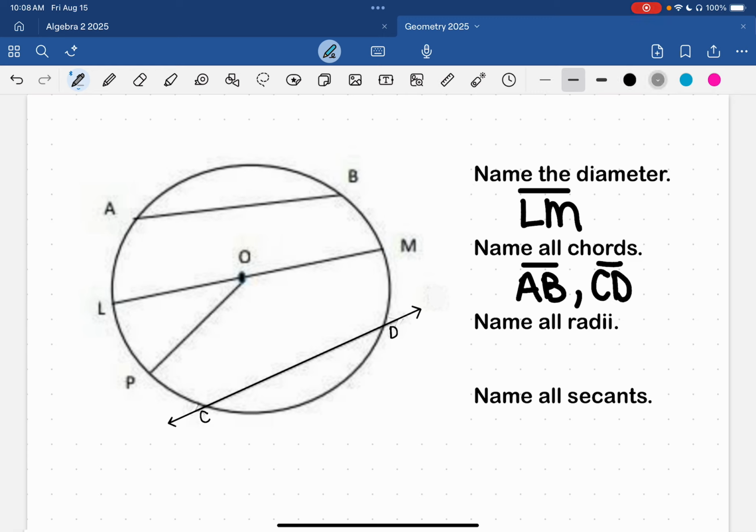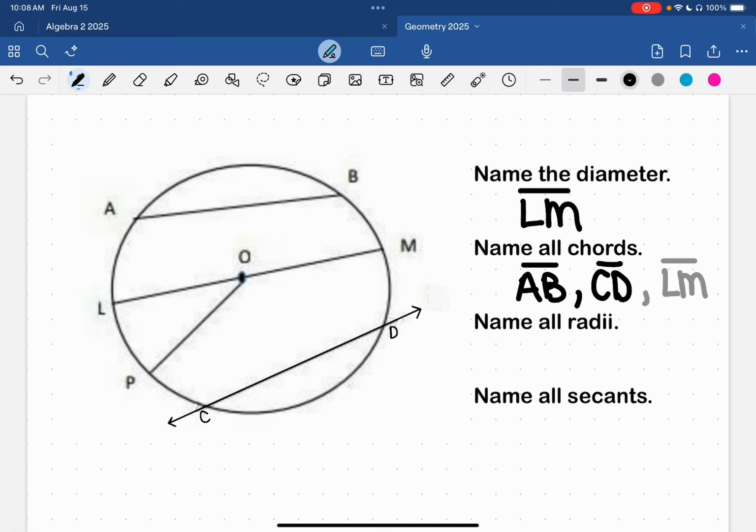And then you could put the diameter because yes, technically it is a chord, but you would not lose points if you didn't put it, and you wouldn't lose points if you did put it. So I'm not expecting the diameter here, but if you put it, that's perfectly fine. So I'm going to put it in gray because it doesn't really have to be there. You wouldn't gain or lose any points.